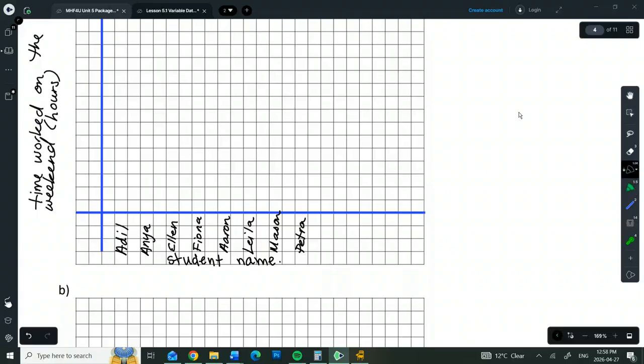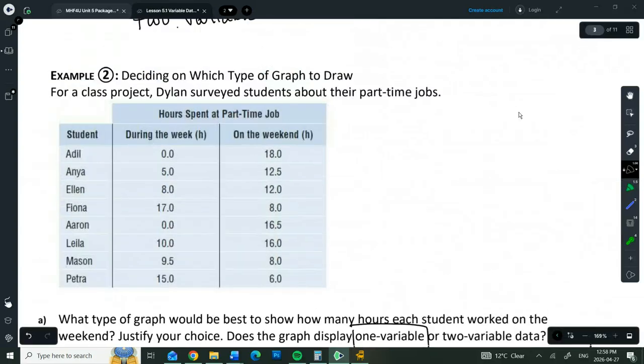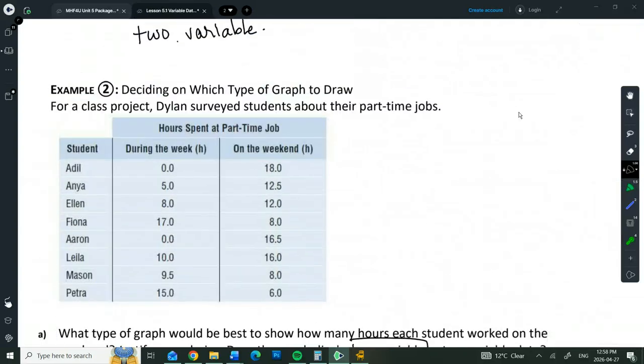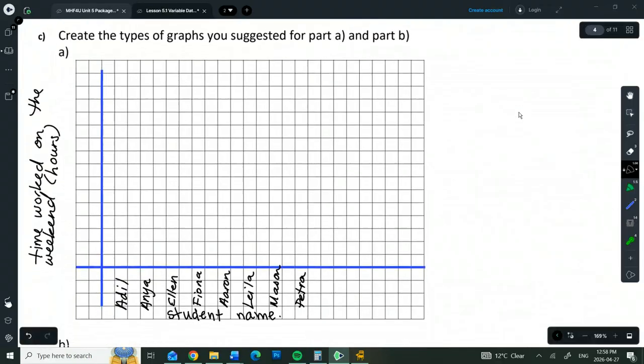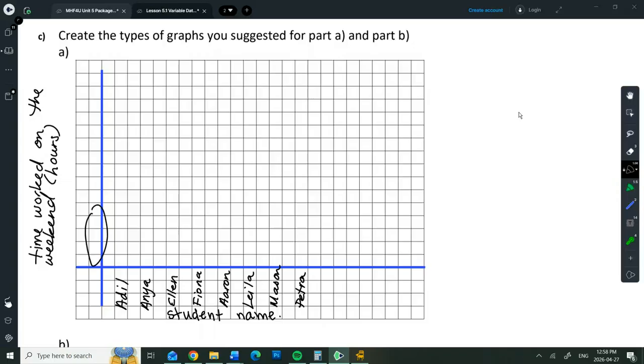And then we're going to have to create some kind of scale that we use over here for number of hours worked on the weekend. So we can see from the data set, if we look back here, we go anywhere from 6 hours all the way up to 18 hours. So if we were to kind of plot this over here, what do you think would be a good scale for us to do? So that's going to give us like 5, 10, 15, 20, and that's going to be all right in here.